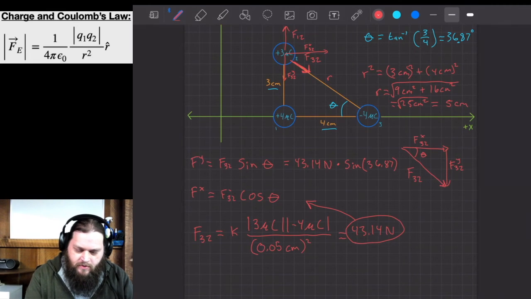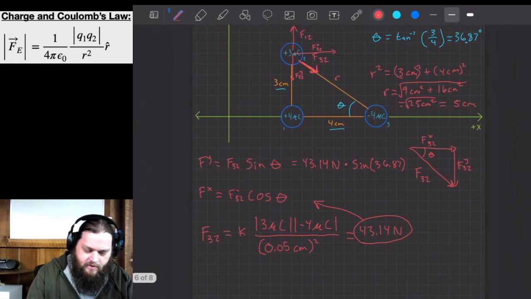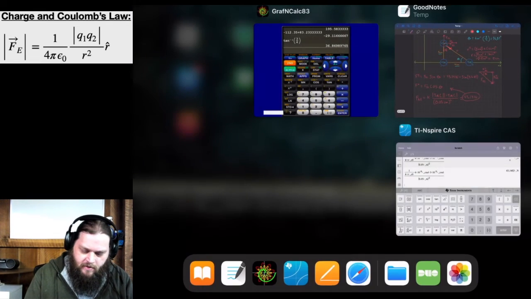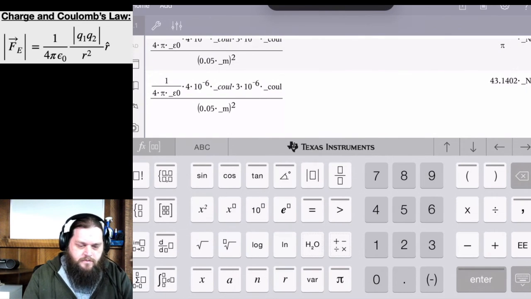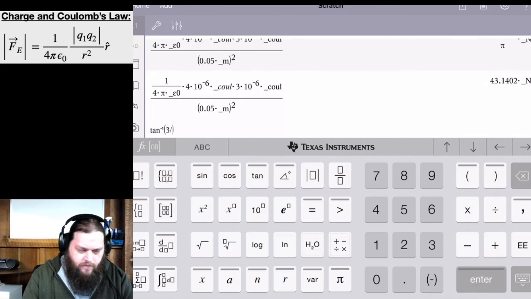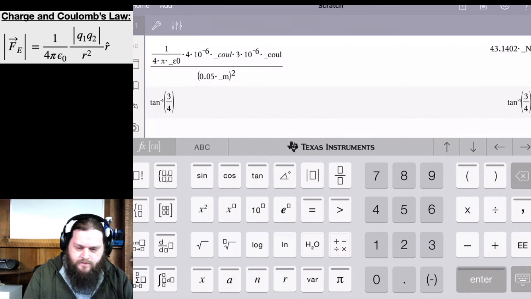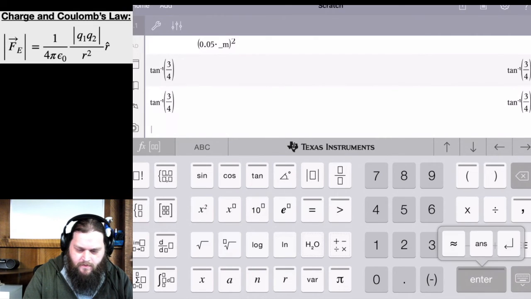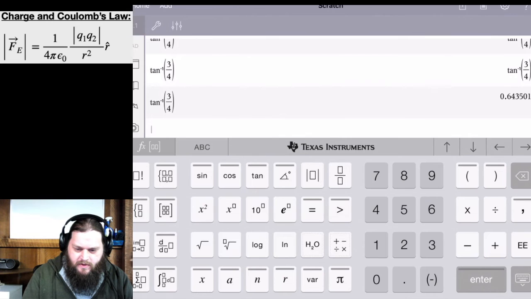So I'm actually going to recalculate that to make sure I get the more accurate number on there. So let's see, tan inverse of 3/4.